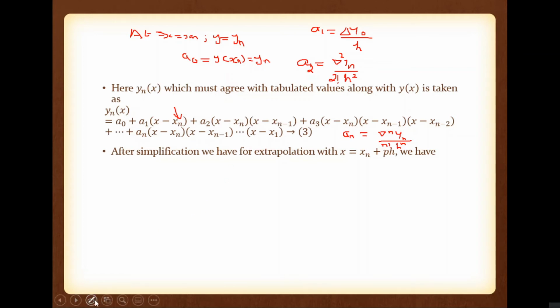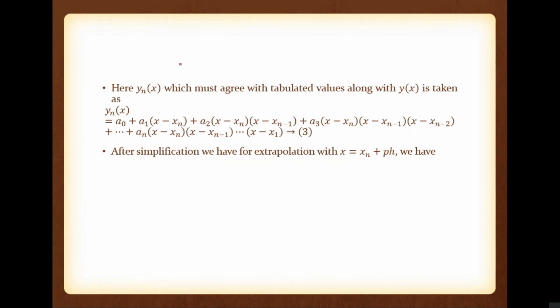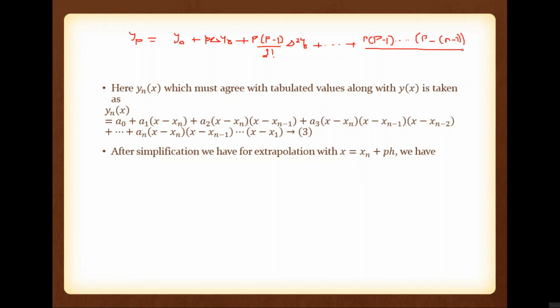Okay, so I am directly going to write the extrapolation formula. If it is a finite forward extrapolation, what is the formula? yp is equal to y0 plus p into delta y0 plus p into p minus 1 divided by 2 factorial into delta square y0 plus etc. But what about the last term? p into p minus 1 into p minus 2 into etc. into the last factor p minus n minus 1, where this n minus 1 is inside the main bracket, all divided by n factorial into delta raised to n y0.